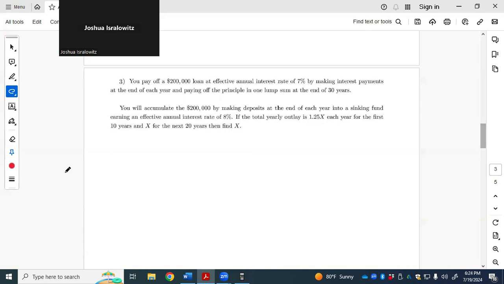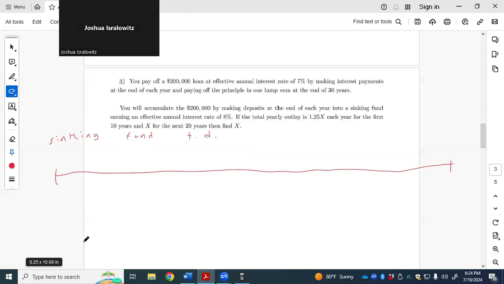All right, so let me draw the sinking fund time diagram. TD for time diagram. So let's do this. First 10 years.